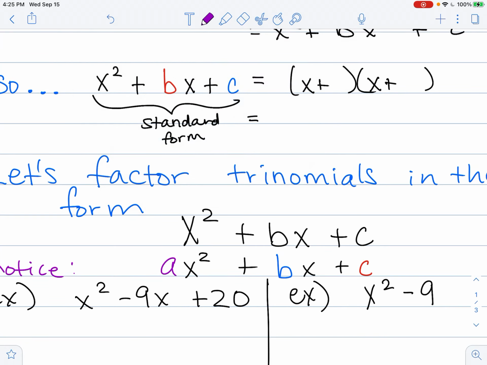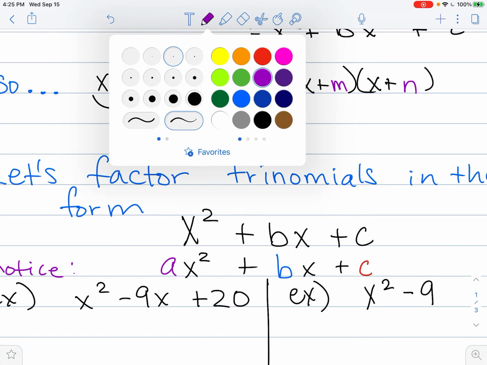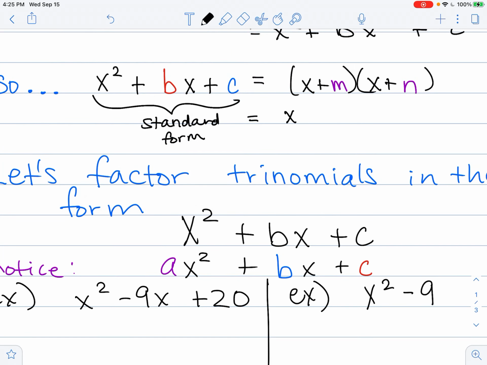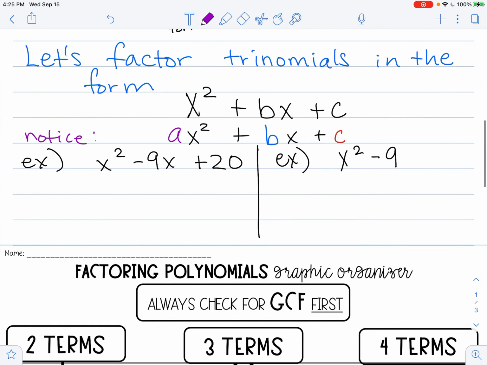And we can say that this is going to become x squared plus, remember that middle term, we call that b, or we can say that that's really just m plus n, whatever that is, times x plus m times n. So these two numbers have a relationship that we call factoring.